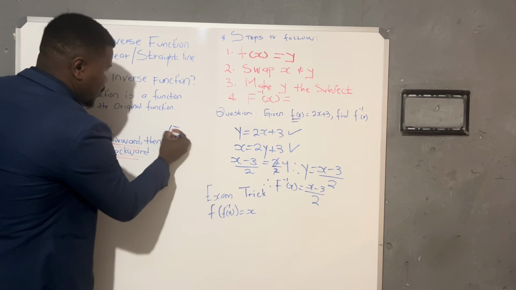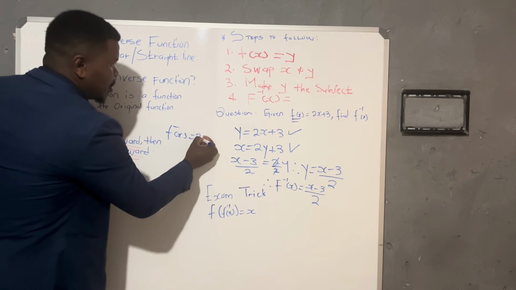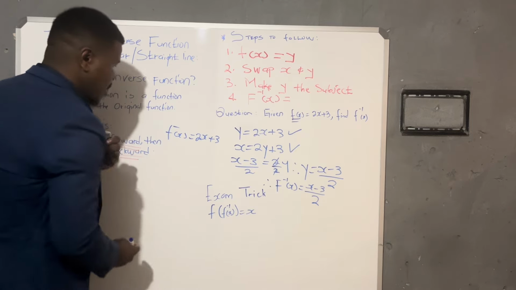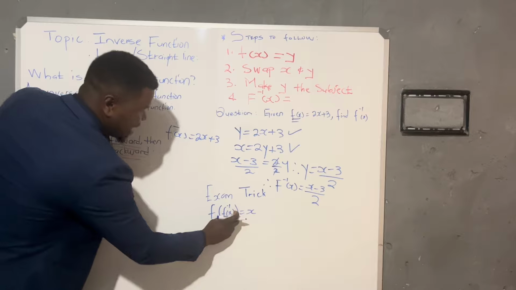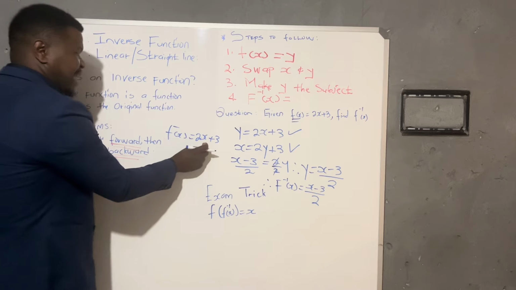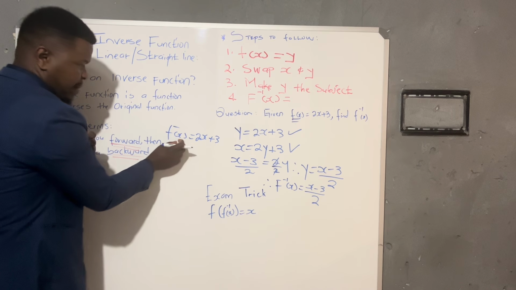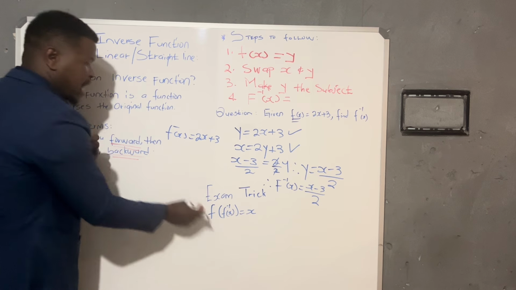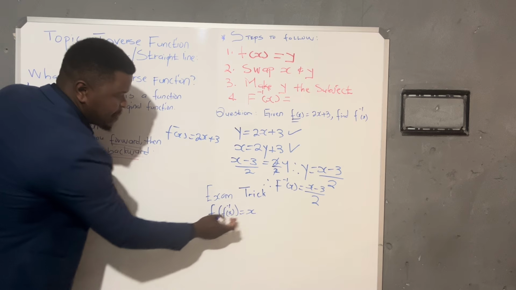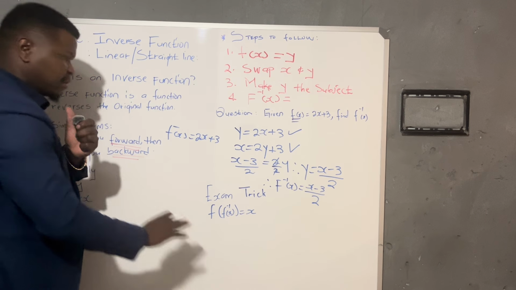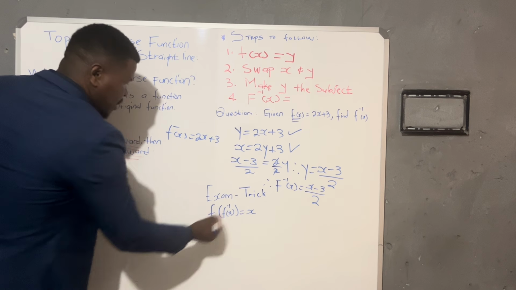Actually, we know f of x equals 2x plus 3. So now we can plug the inverse inside the f of x. Remember, originally it's f of x, but within it now, there is the inverse. So whatever we do, we must get x, no matter the solution. So this is the trick that you get in exam.